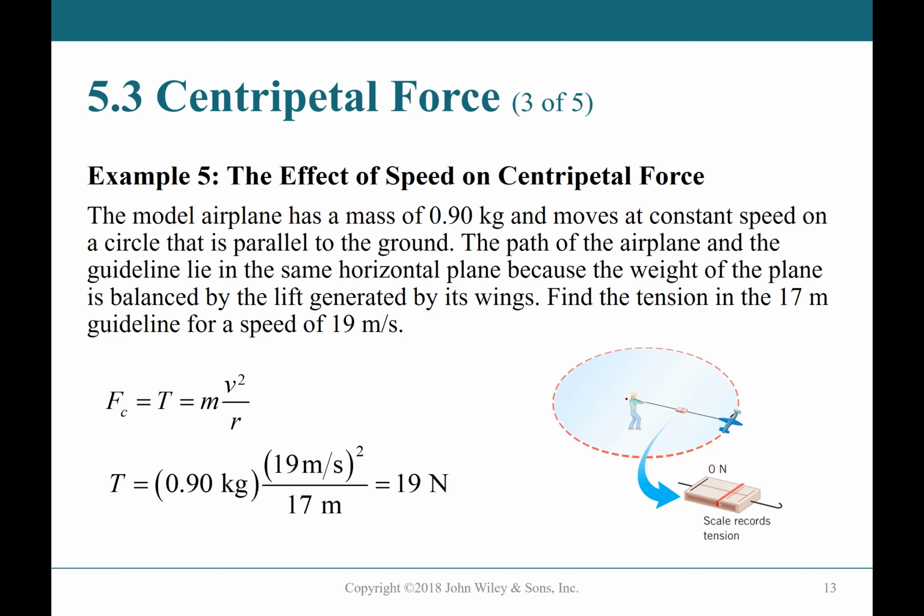So we discussed tension in the last chapter, and this is just another example that tension is a force. And in this case, the tension is the centripetal force. So in order to find the tension, I simply find the centripetal force. And my equation says mv squared over r, and now I'm able to solve that problem so easily.